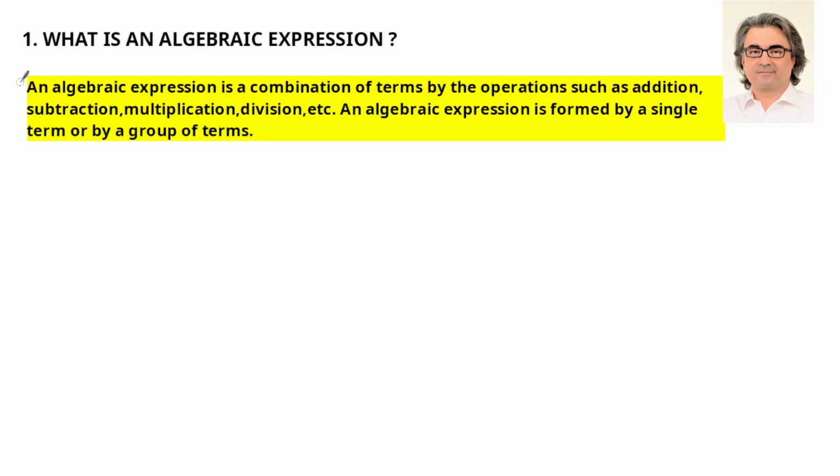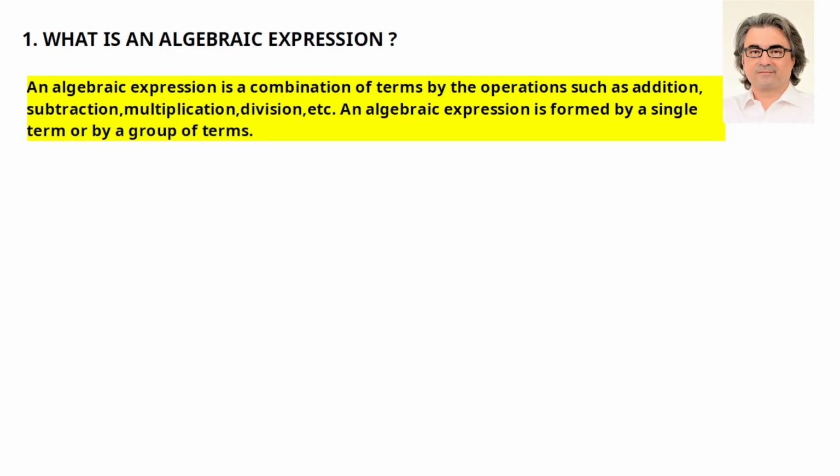An algebraic expression is a combination of terms by the operations such as addition, subtraction, multiplication, division, and so on. Now let's repeat it. An algebraic expression is a combination of terms.